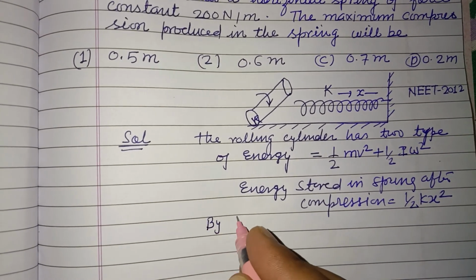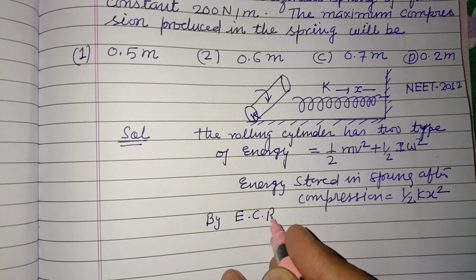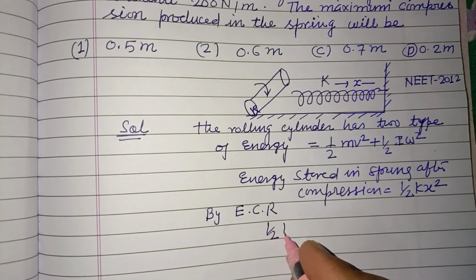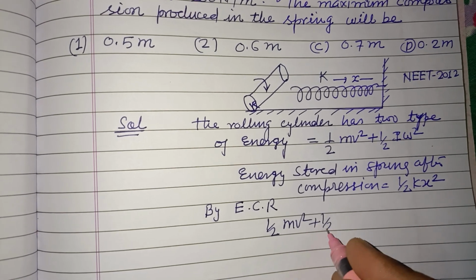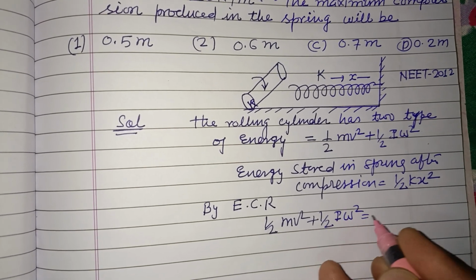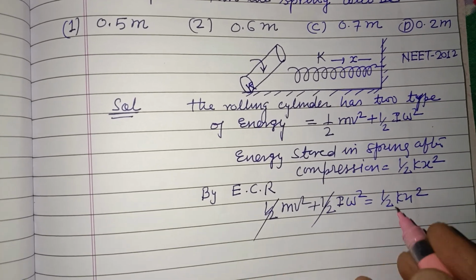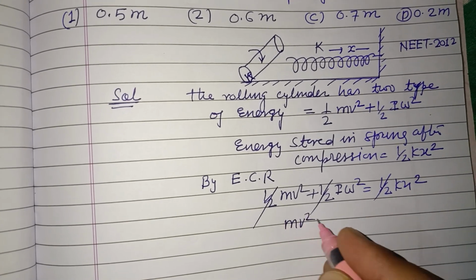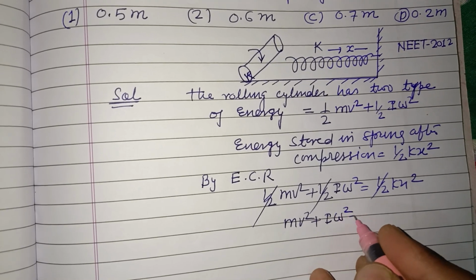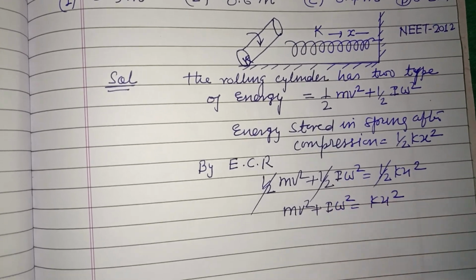By the energy conservation rule, half mv square plus half I omega square equals half kx square. Half cancels, so mv square plus I omega square equals kx square.